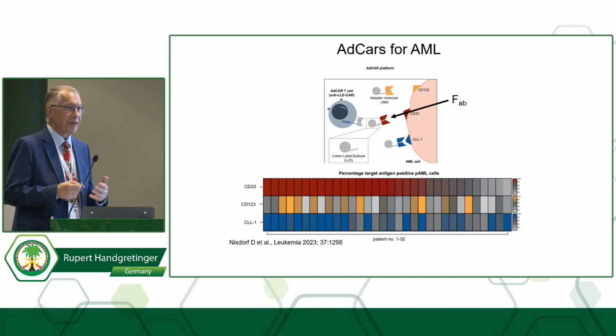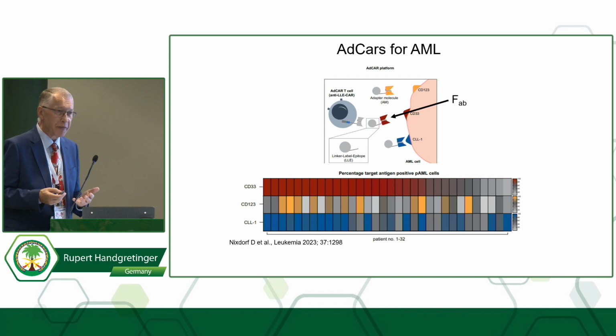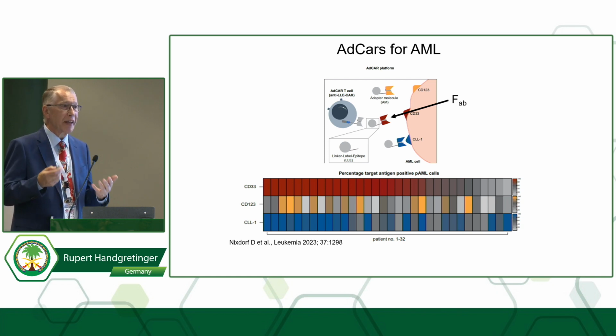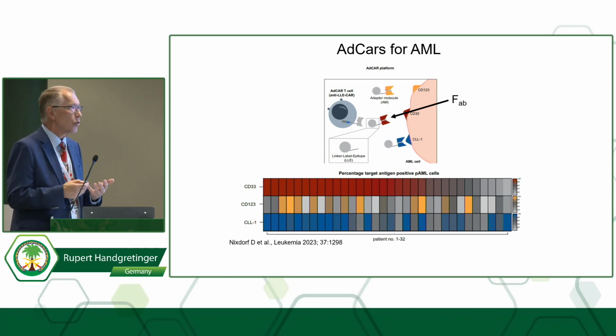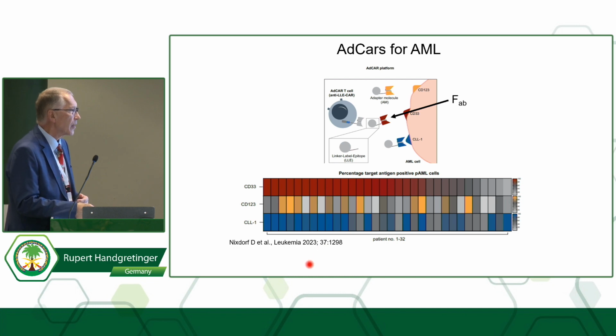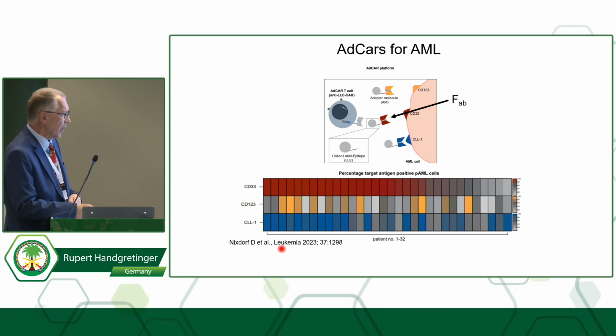Now for AML, and AML is the biggest problem in CAR T-cell therapy, also for adults. There are many more patients with AML than with ALL, and especially for elderly patients who cannot tolerate a transplant with AML, this might be an approach which we are now looking at. And this group from Munich also used this adapter approach.